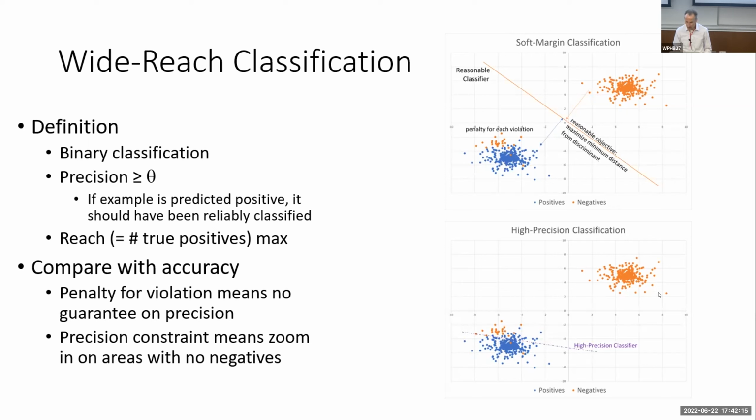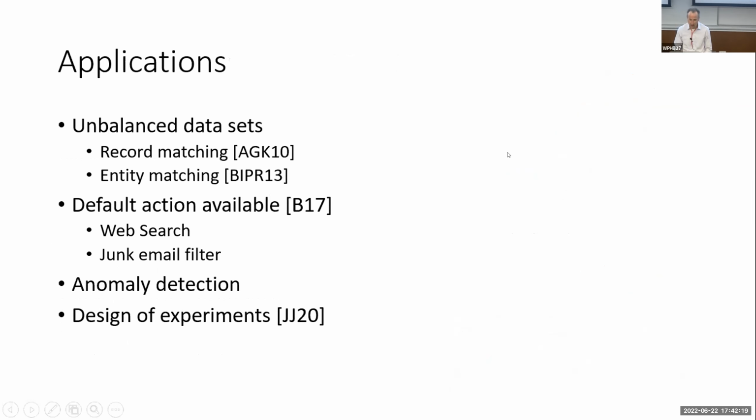This problem has many applications, mostly, for example, in the case of databases where they have unbalanced data sets: record matching and entity matching. Basically, this means that your examples here are pairs of records in a database, and you're trying to find the ones that are repeated.